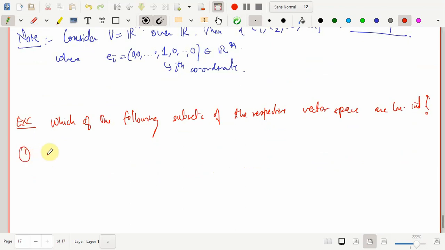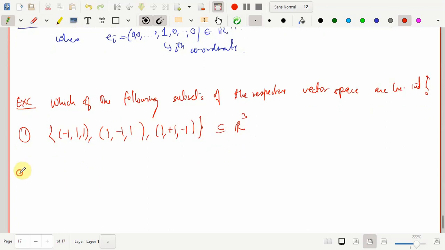The first one, from R3, I'll take minus 1, 1, 1 and 1, minus 1, 1, and 1, 1, minus 1. This is a subset of R3, so the vector space here is R3.